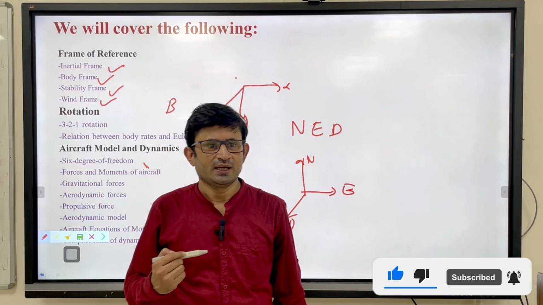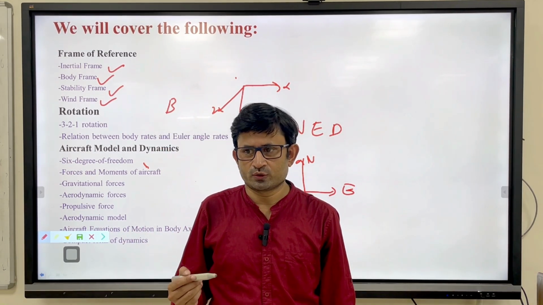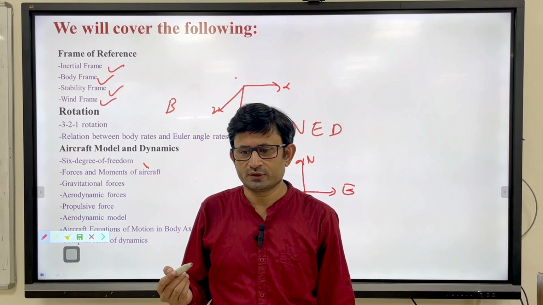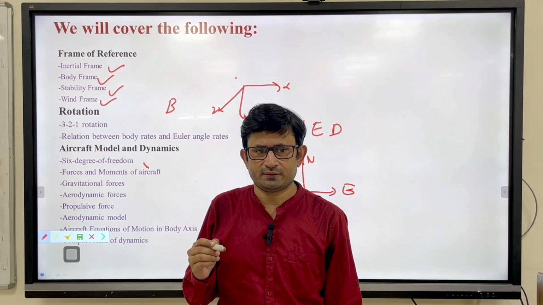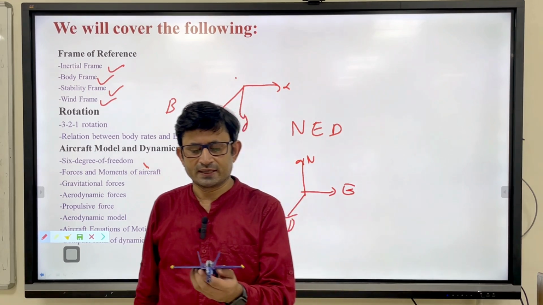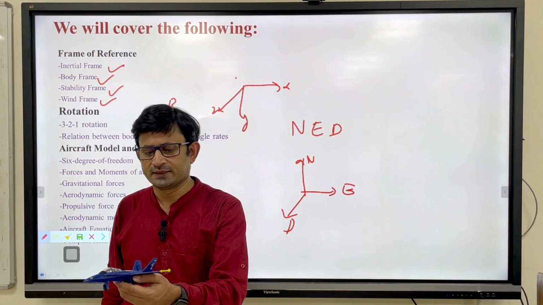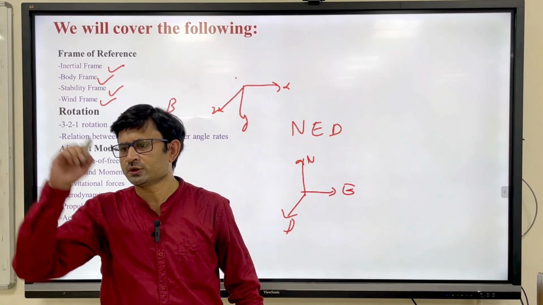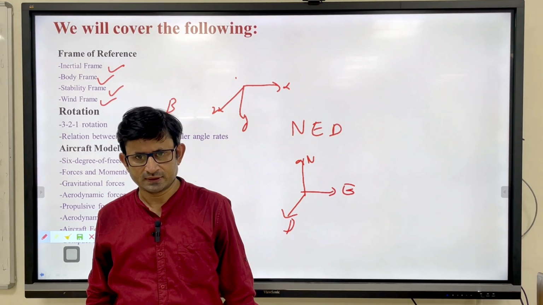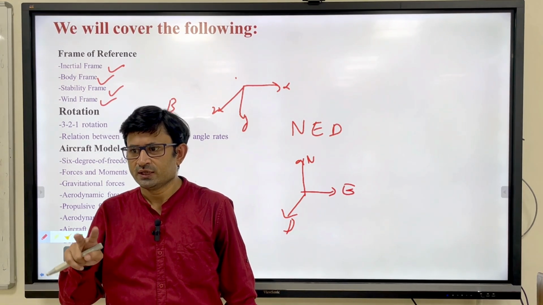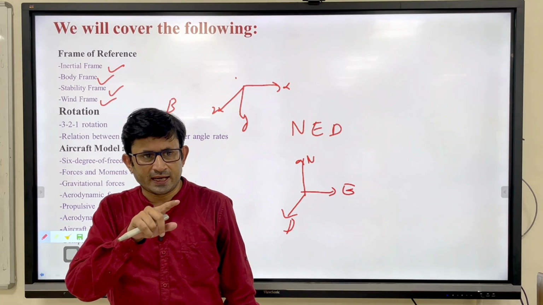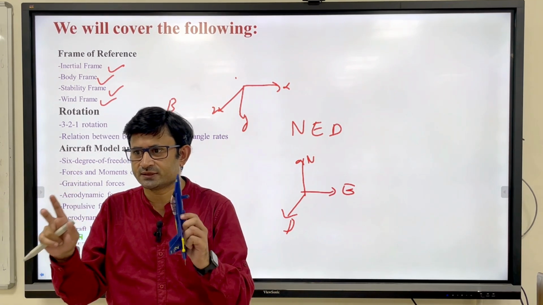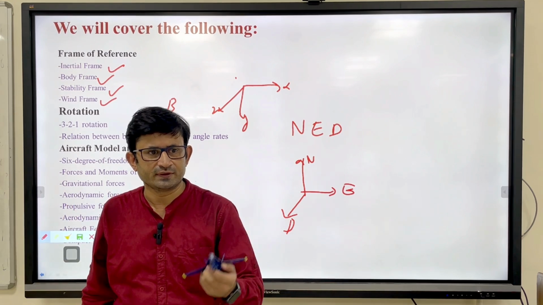So I can generalize my rotation. If I rotate my aircraft by angle psi, and then theta and then phi, then I will reach the body frame, right? The inertial axis and body axis can differ in this way only; we have only three angles.